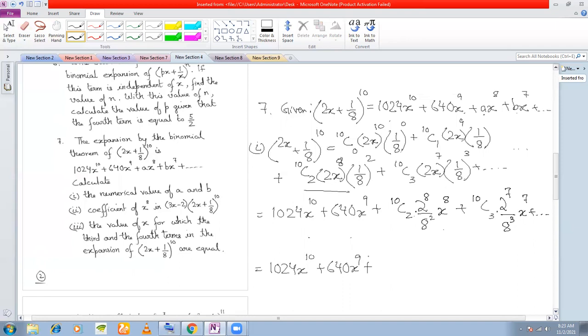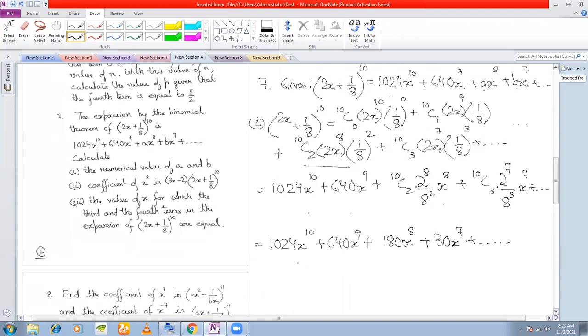So now if we find out the value of 10C2 into 2 to the power of 8 by 8 square, you are going to get this as 180 x to the power of 8 plus, and here you are going to get this as 30 x to the power of 7 plus and so on. Okay, so what are the values of a and b?